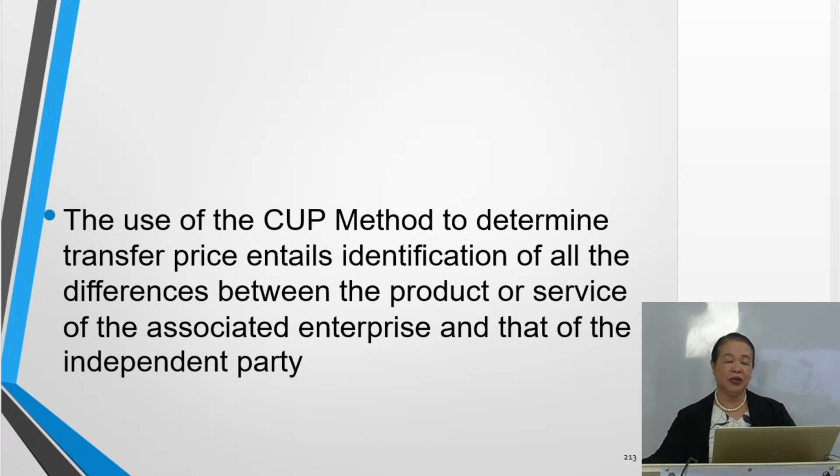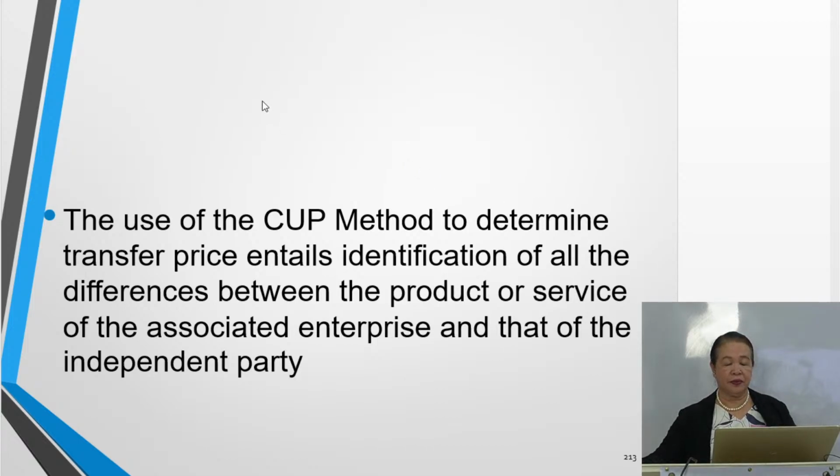So kung may mga differences sila in the agreement ng supplier at saka ng distributor doon sa product na pinag-uusapan, then titingnan yan, no? Kung how does it affect the price of the product, no? Halimbawa, yung price ng isang product, halimbawa na lang, damit, no?